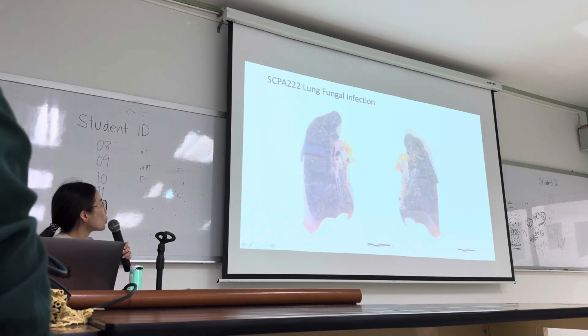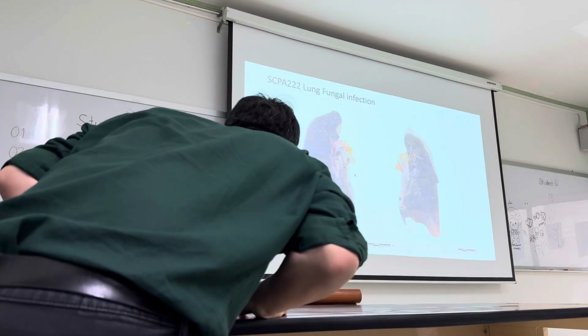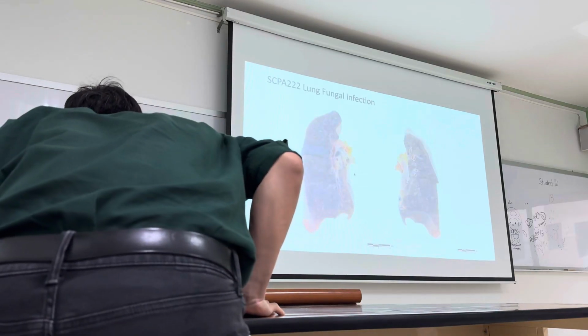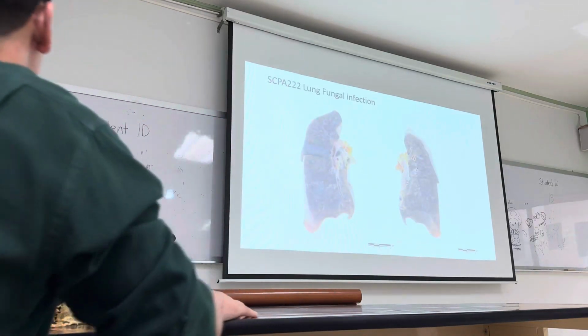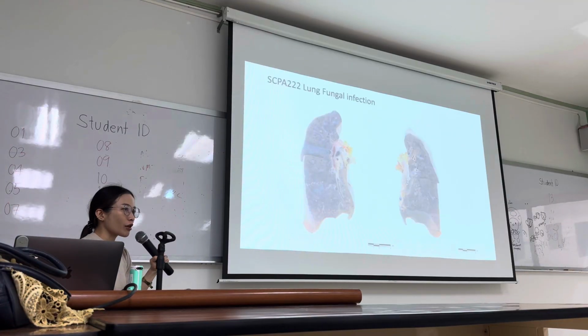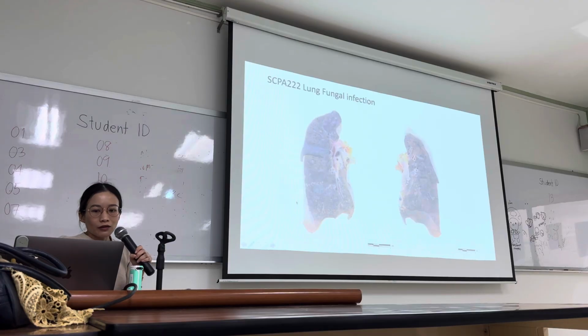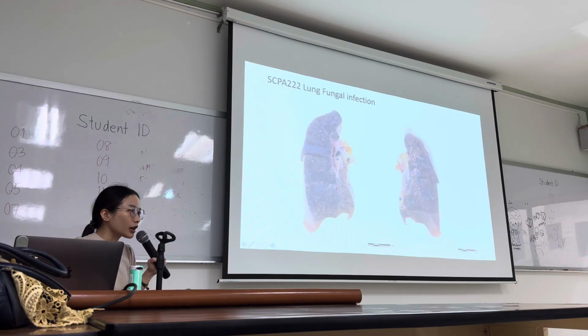Okay, so you can observe the fungal granuloma as well in this case, similar to TB granuloma. The appearance might look similar. For example, here you can see a pale color of nodule, small nodules spread into the lung.